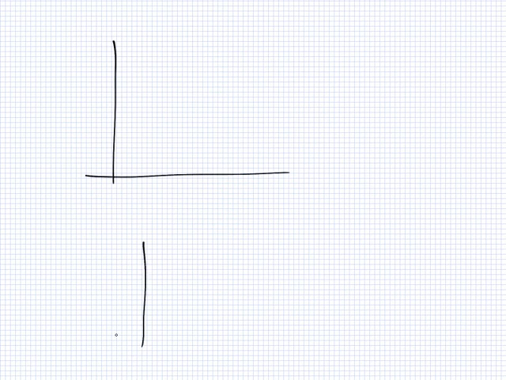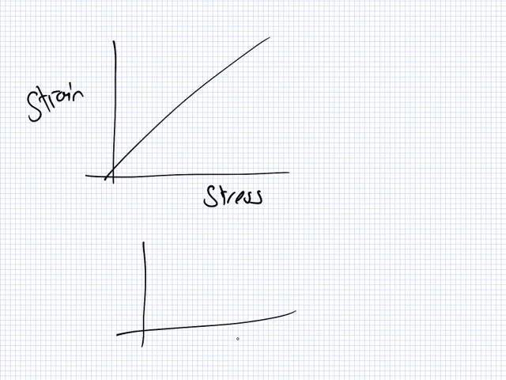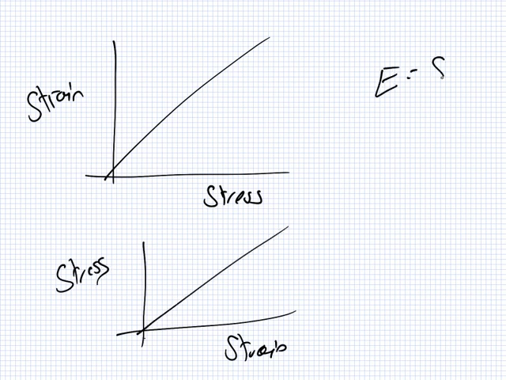When we make graphs of stress and strain, if I put stress here and strain here, I'll get a graph, and if I put strain here and stress here, of course I'll get a graph. If you remember, Young's modulus is stress over strain. In this graph here, what's the slope, the gradient?